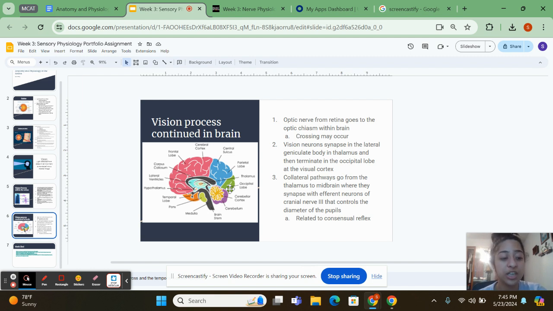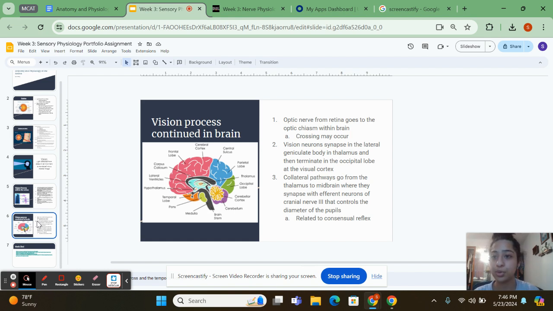So they want to see if it will constrict, right? Because if there's a bright light, then your pupil should constrict, because if too much light enters your retina, it can be dangerous. So that's something that is just really interesting, as it can show that there is some sort of connection between our brain and our eye, and communication and coordination.